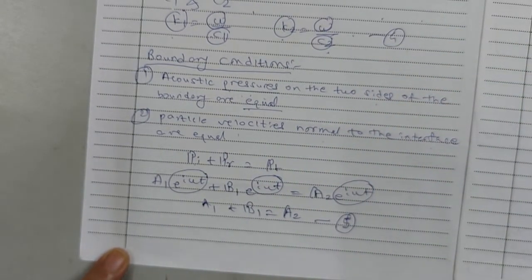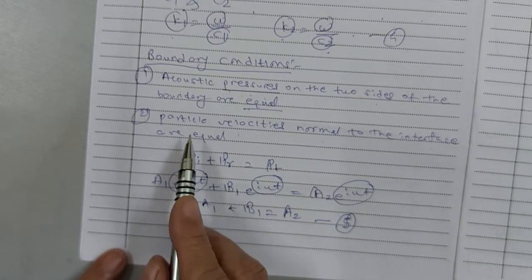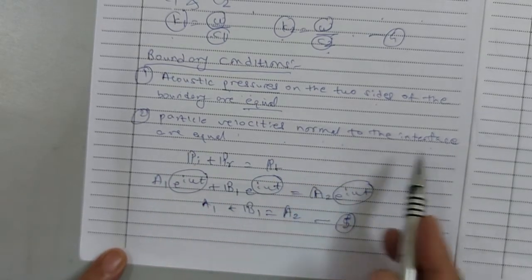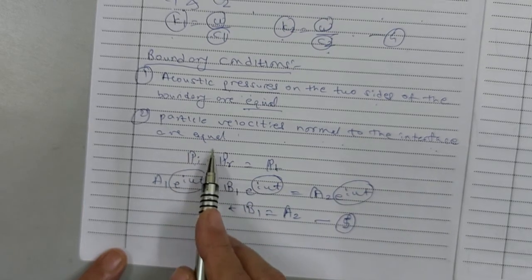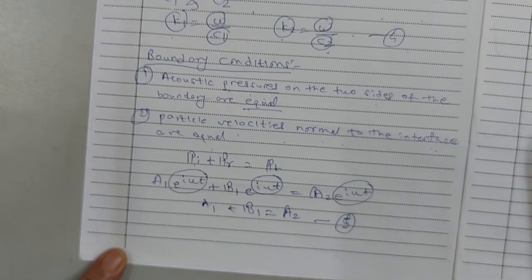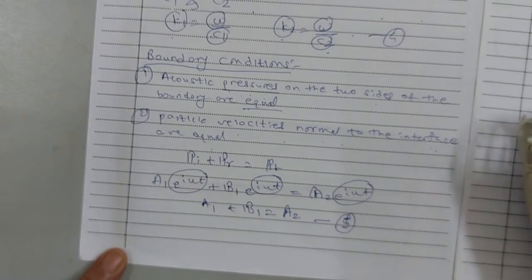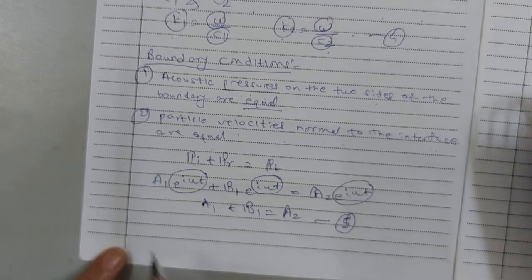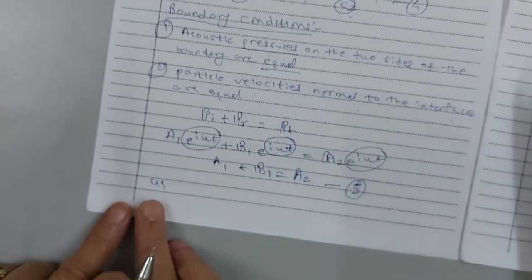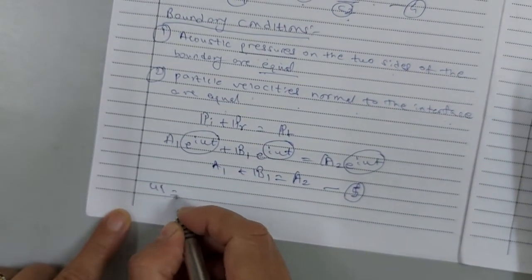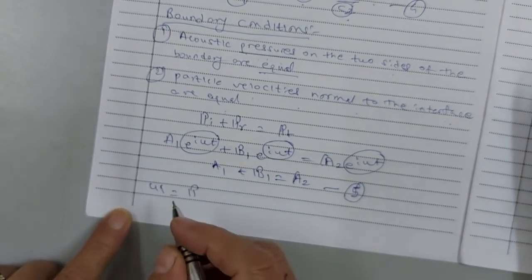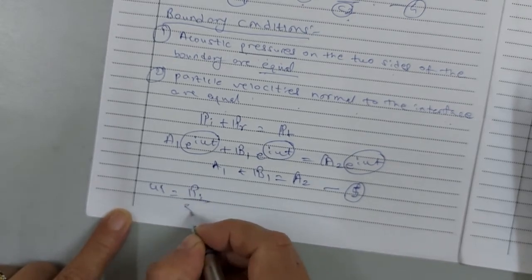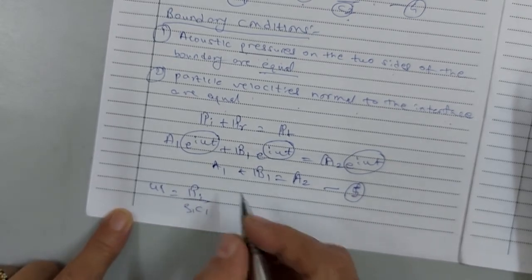Now, the second condition: the particle velocities normal to the interface are equal. We will first write the definition of the particle velocity. We wrote ui, the particle velocity for the incident wave, as pi divided by rho 1 c1.